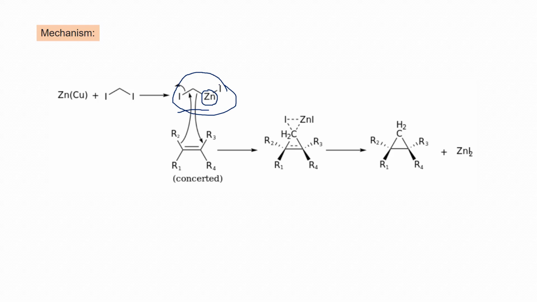If there is a coordinating atom, it will coordinate with our zinc. Suppose there is an example like this one, and another is this. One contains an OH group, another contains a methyl group.